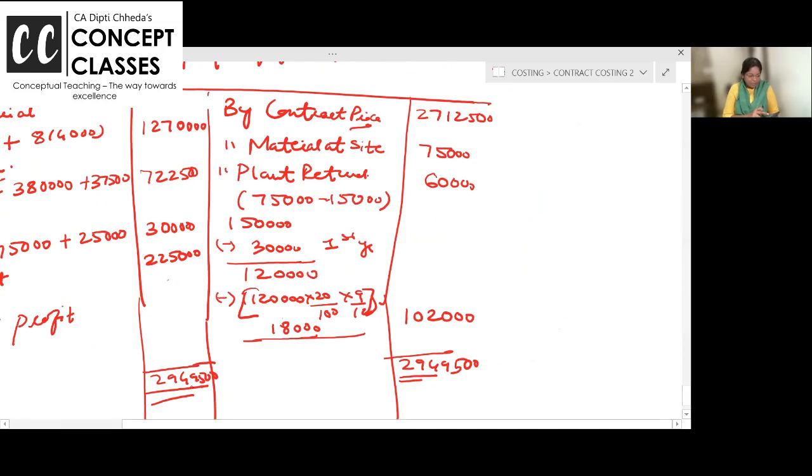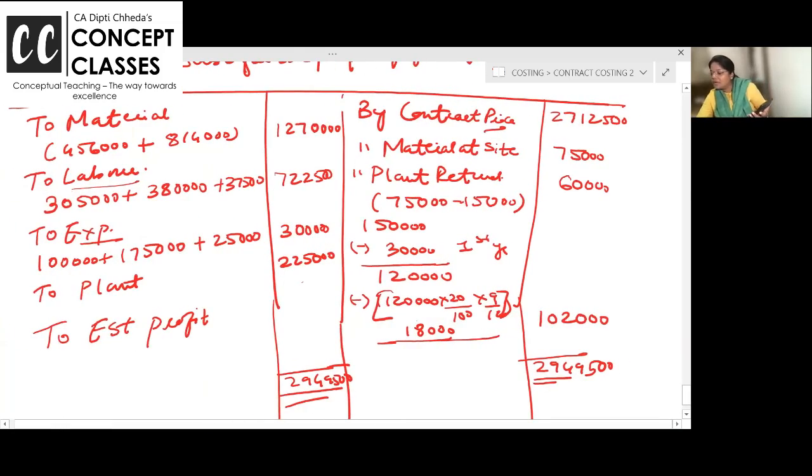1270, 72, 250. Four lakh 32,000 profit is also correct.